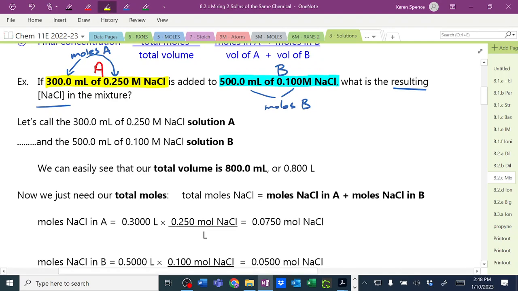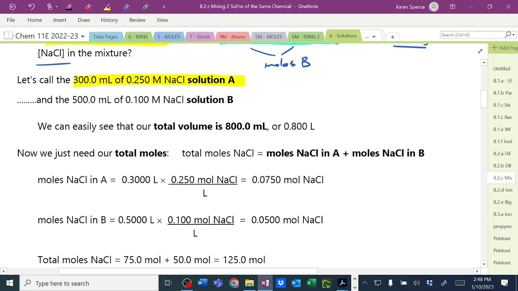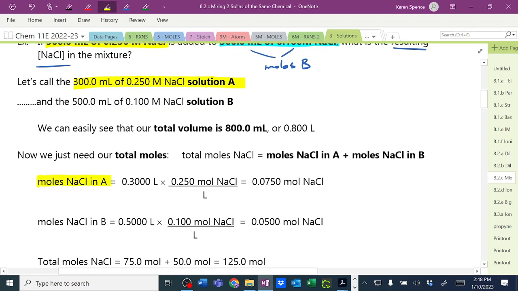So we have solution A. I'm going to color it yellow. So the moles of NaCl in A, we have 0.3 liters times 0.250 moles per liter. And the liters cancel out, and we end up with moles.